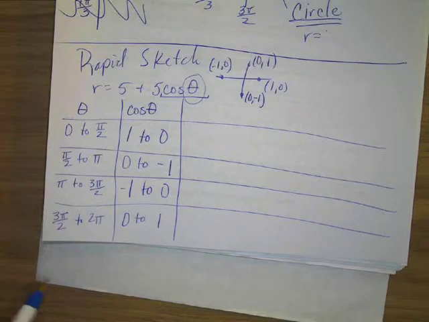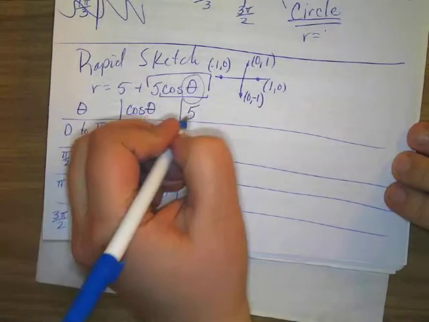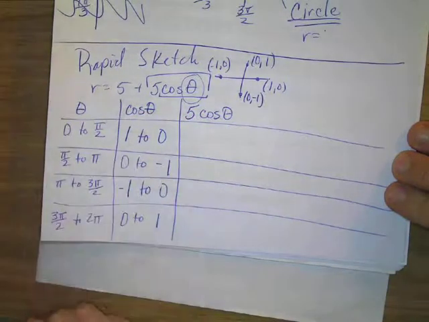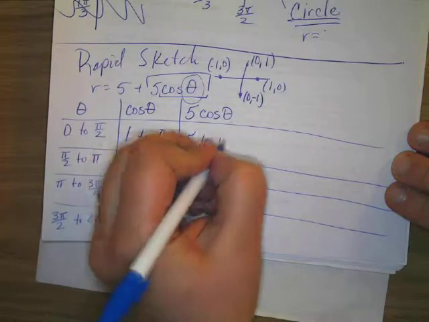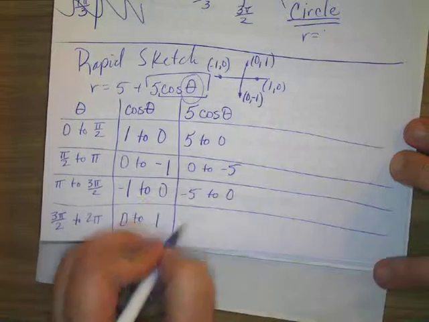Now we're going to branch out just a little bit farther. So now we're going to look at 5 cosine of theta. Well, I already know what the cosine of theta is. What am I going to do to all those values? Multiply them by 5. So this goes from 5 to 0, 0 to -5, -5 back to 0, and then 0 to 5.